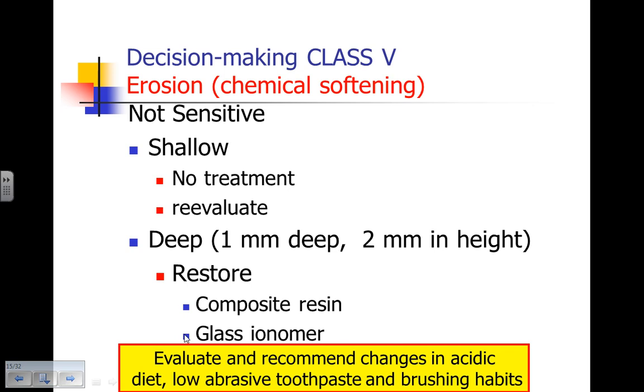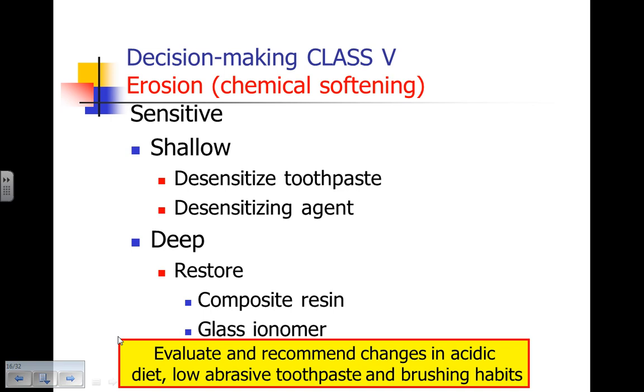Key to our recommendations, though, is that we're going to talk with the patient and recommend changes in their acidic diet, consideration of a low abrasive toothpaste, and changing their brushing habits. We'll talk a bit more about that in a few minutes.